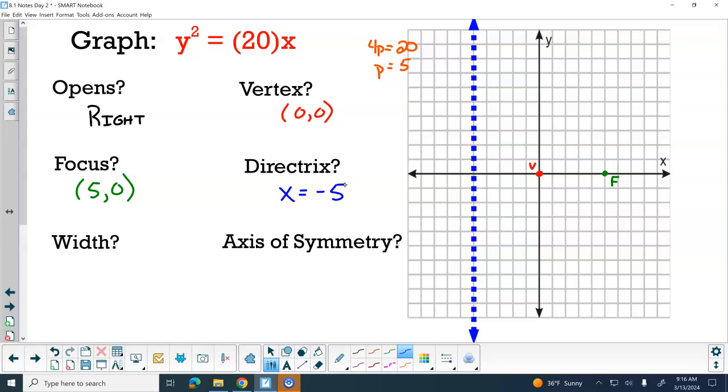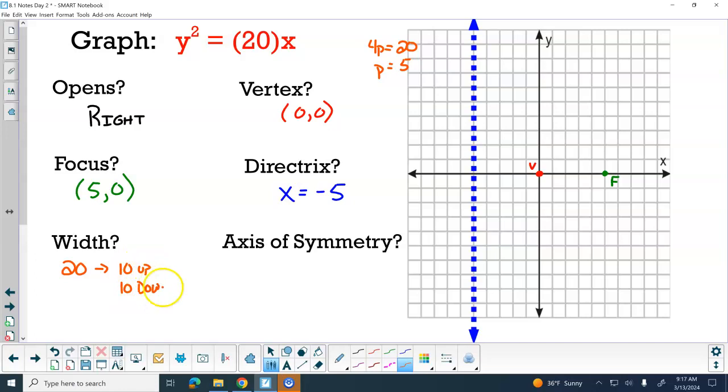How wide is my parabola? It's 20 wide, which means it's 10 up and 10 down.